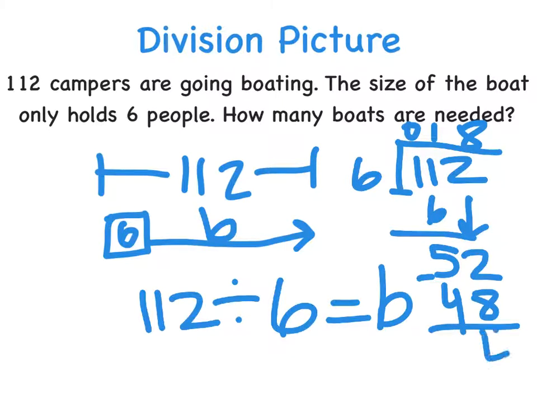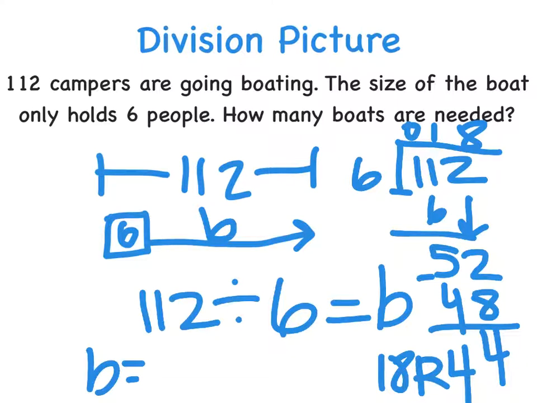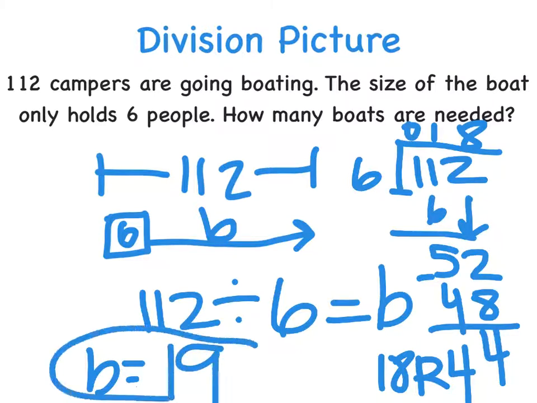And I have a remainder of 4. So B equals, my real answer would be 18 remainder 4. But remember, B is standing for boats. I can't have 18 remainder 4 boats. So for those extra 4 people, I'd need to go up to 19 boats.